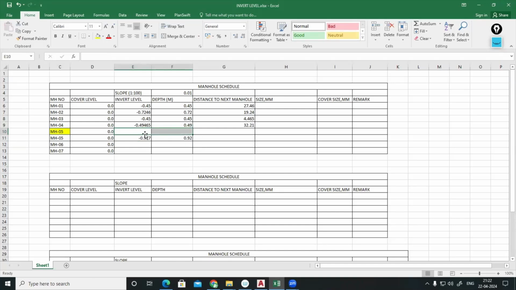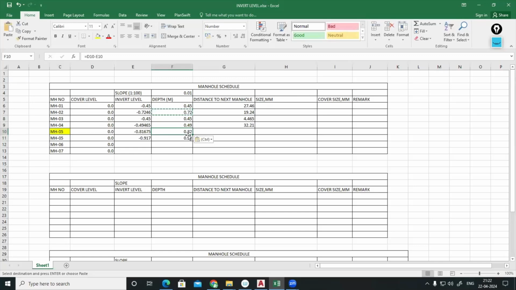The invert level of manhole number 4 was this one, so this value minus the distance 32.21 into 0.01. So depth should be 0.81 only. And the depth of manhole, you can copy this one, how much we will get?